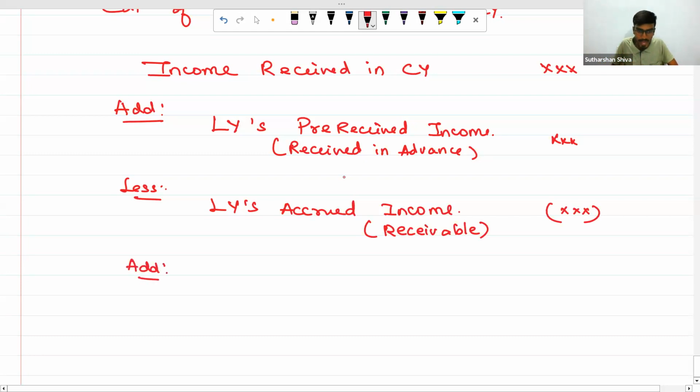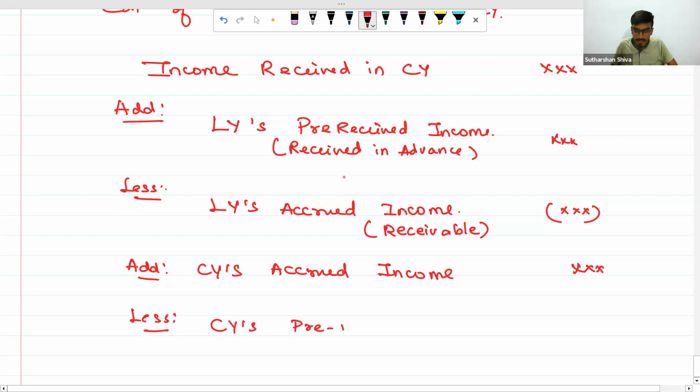And then I will add current year's accrued income. Then I will take current year's pre-received income, which is meant for the next year.